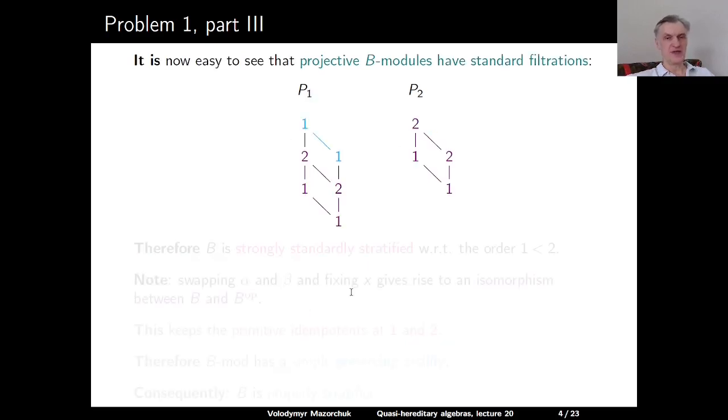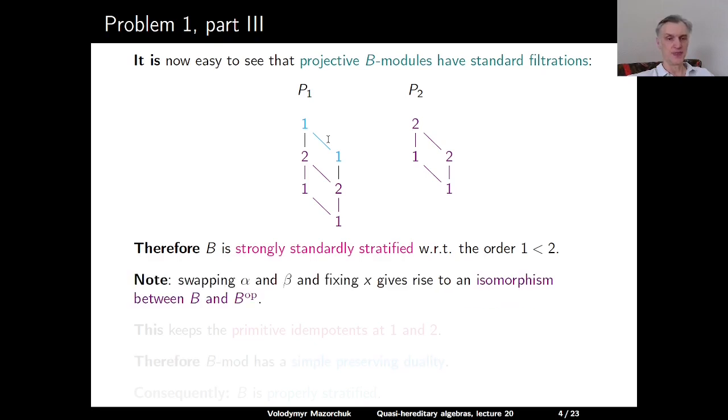And now it is very easy to see that our projective modules have standard filtrations. So P2 is a standard module, so there is nothing to see here. And as we just said, in order to obtain delta 1, we took P1. There was a copy of P2 inside P1 and we factored it out. This gives us a standard filtration of P1. So this implies that B is a strongly standardly stratified algebra with respect to our order where 1 is smaller than 2.